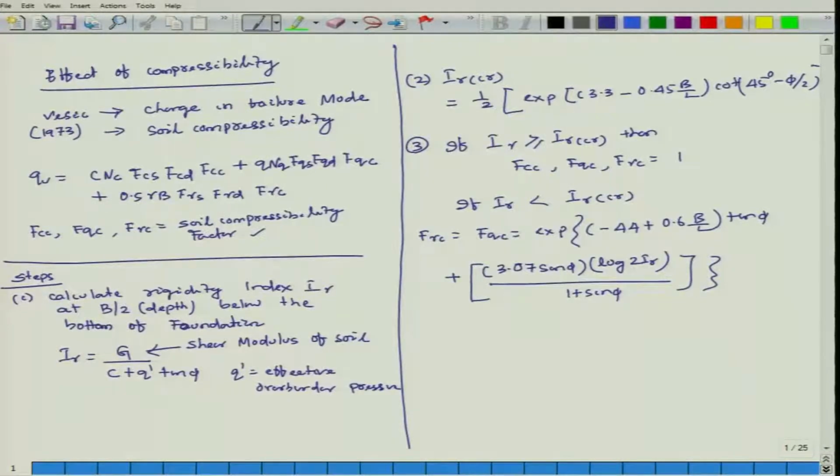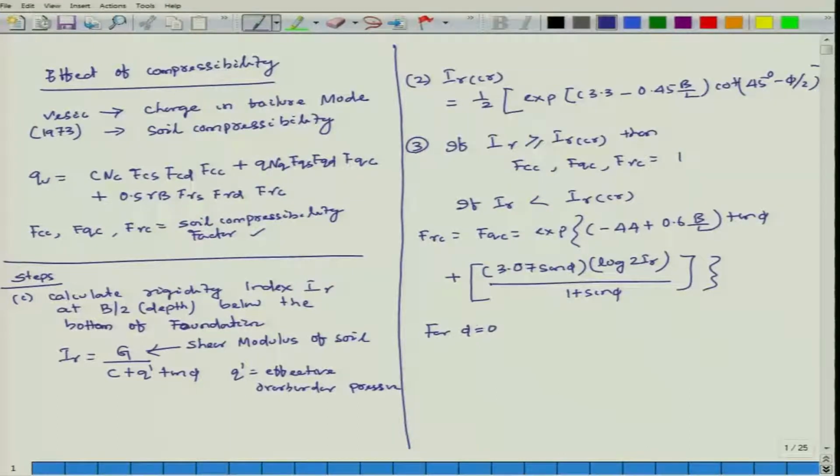If the rigidity index is greater than the critical rigidity index, then Fcc, Fqc and F gamma c are equal to 1. If it is less, then find F gamma c and Fqc, and then Fcc.